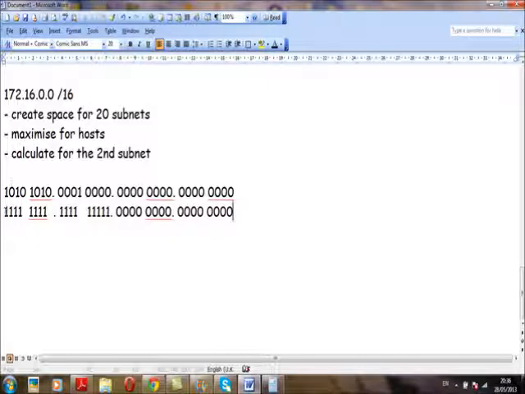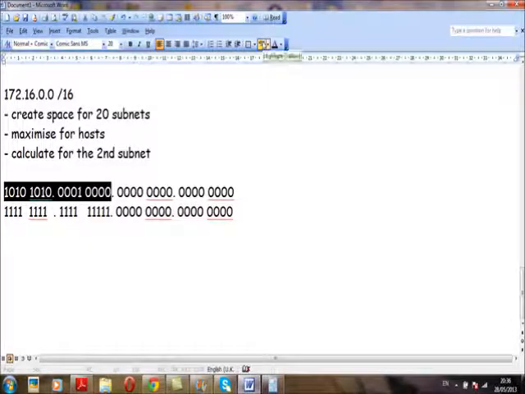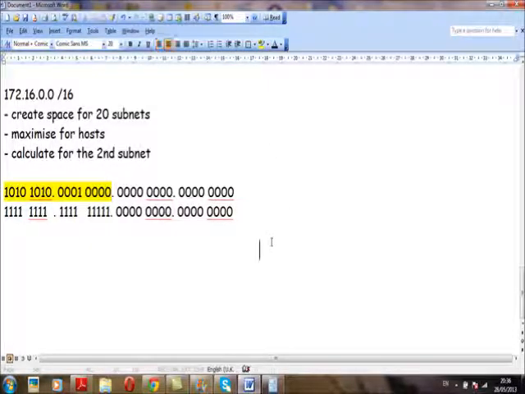Let me just highlight the network portion. Okay, so that's highlighted, and that's what we're dealing with so far. And as I said before, you always have to go into binary to make life easy on yourself. So the first calculation we need to do is find 20 subnets.